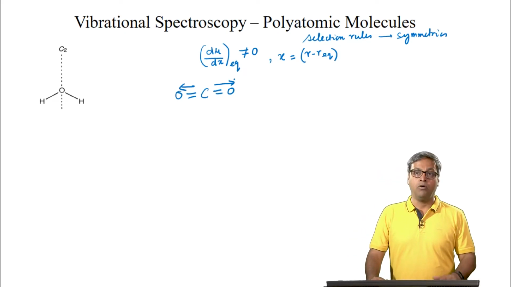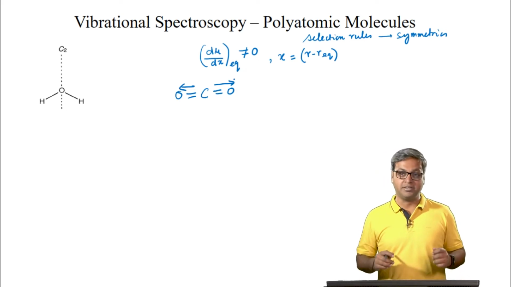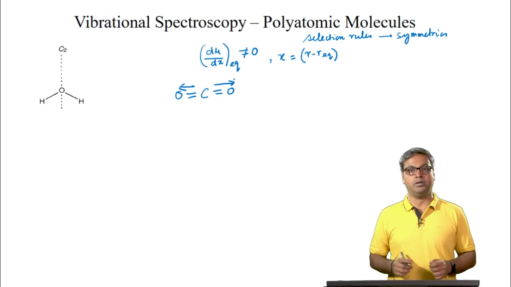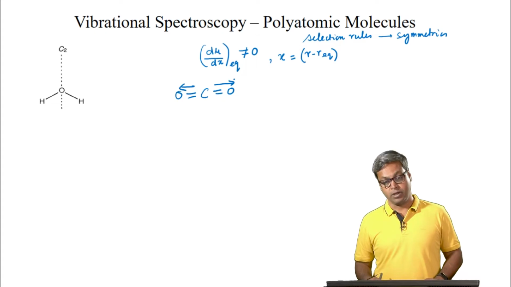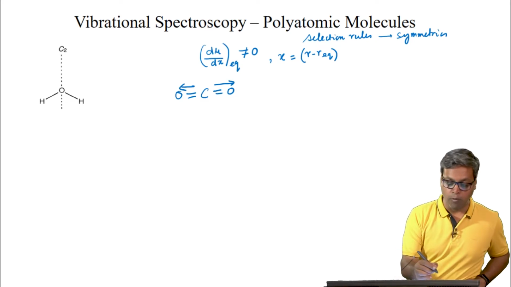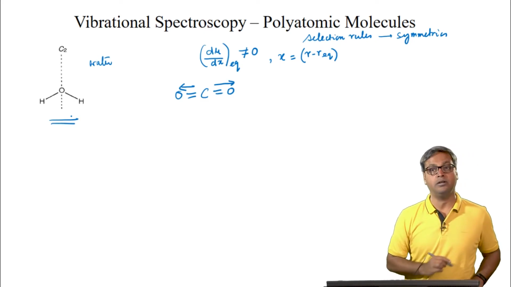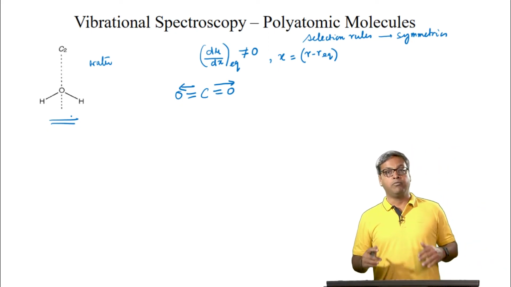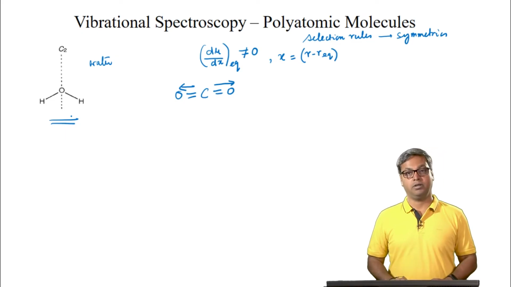So, now we will discuss the symmetries of vibrational wave functions. We want to look at the symmetries of the vibrational states in order to determine the selection rules for IR spectroscopy. We will be considering the vibrations of water. We see the water molecule in this figure and we will determine which water vibrations are IR active.